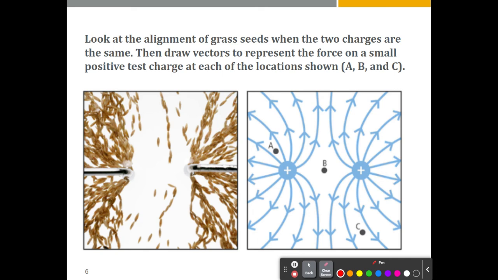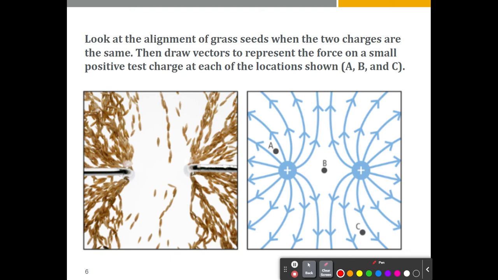All right, so if we drew vectors, remember, vectors only go in straight lines. They don't follow curves. So these field lines are not vectors. Don't mistake them for vectors just because they have arrowheads on them.